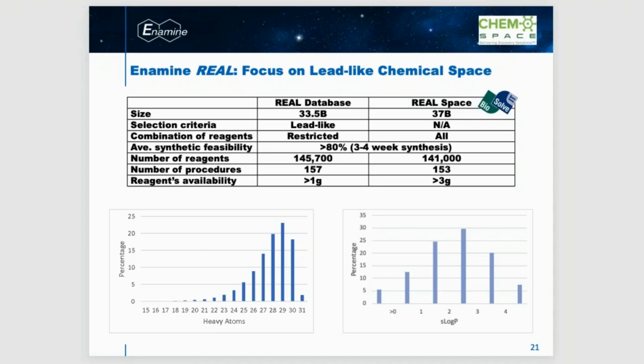The space is larger in size, and there is no restriction to the coverage. So you can find molecules as large as 700 Daltons in the space, and the feasibility for the space and for database is pretty much the same. You still can get the molecules with over 80% within 3 or 4 weeks.